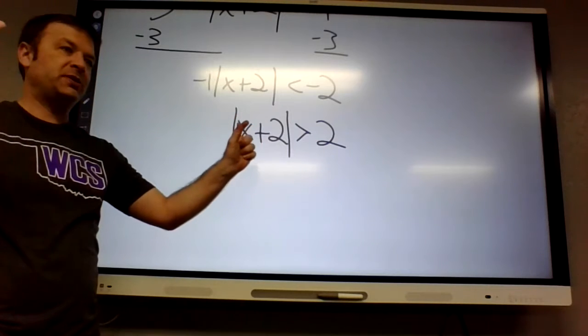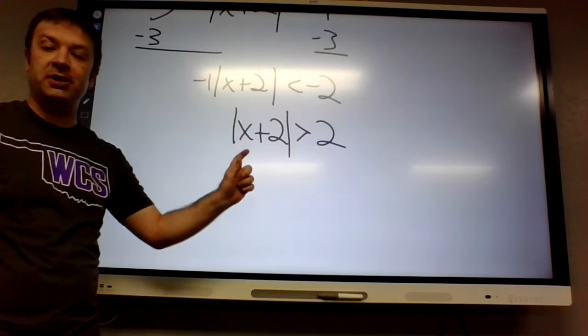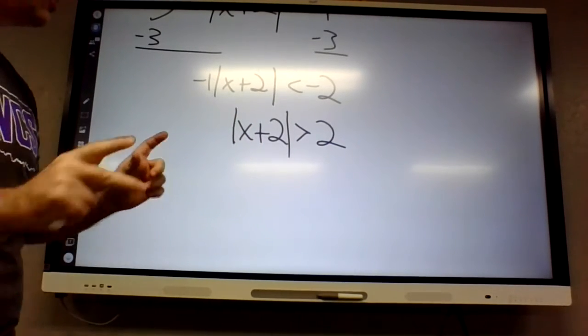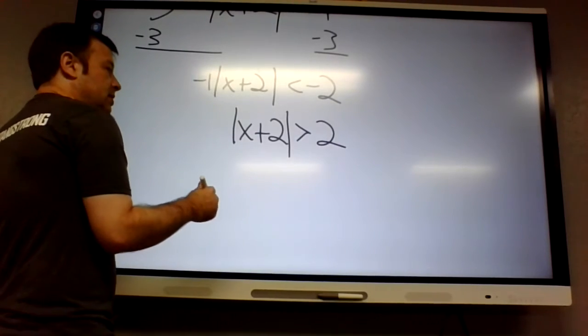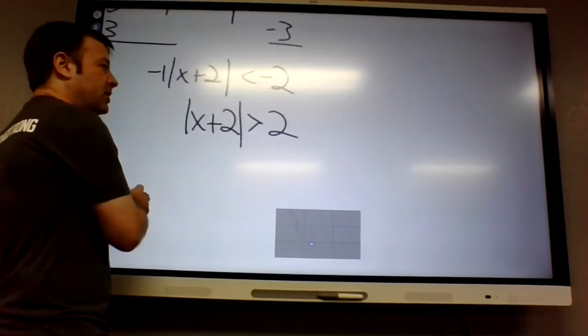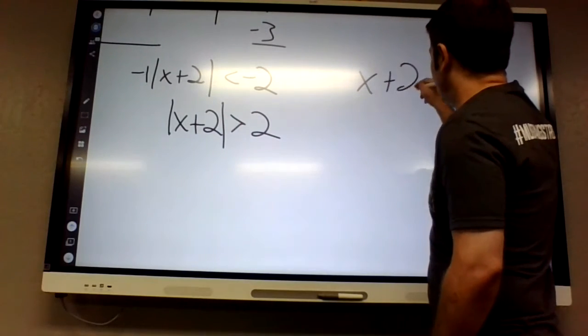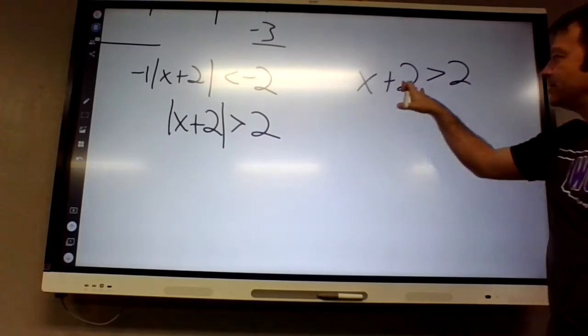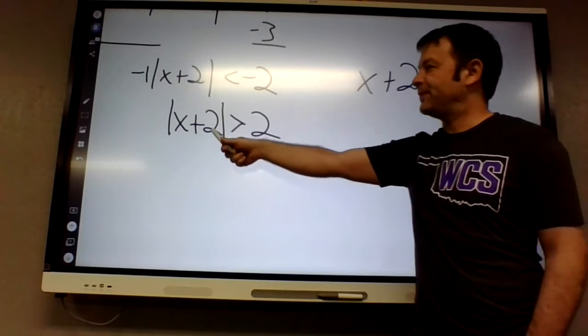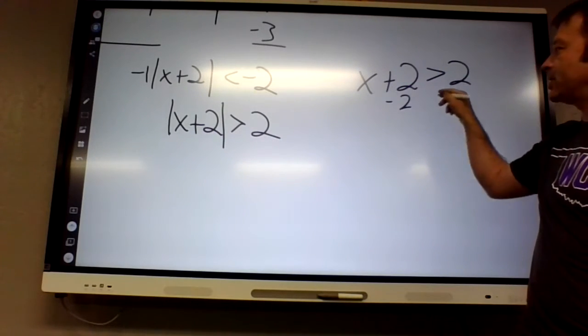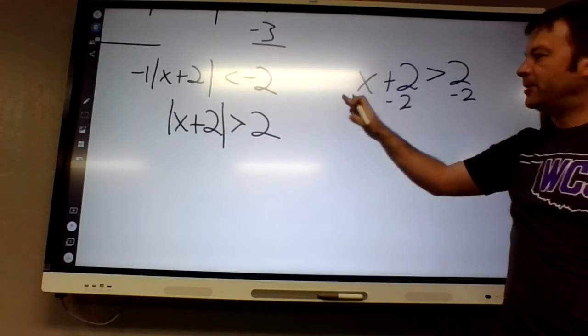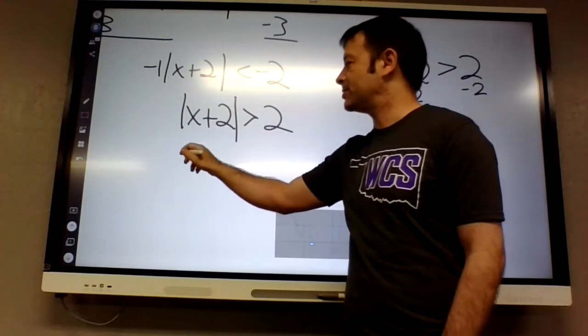This is the one that separates into 2, just like the equation that we did yesterday, where it breaks into 2. By the way, people get confused when we do these because if this was just a greater than with no absolute value, all you would do is subtract 2, okay? But if it's an absolute value greater than, you have to split it.